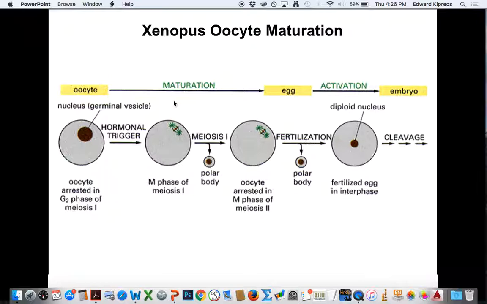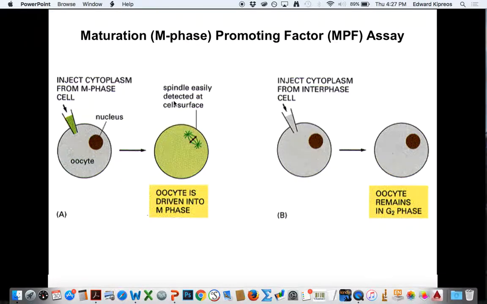All right. So that was a sideshow. What we're going to focus on now is maturation, where they go from interphase to this first arrested meiosis 2. Okay, so let's say you take this cell that's arrested in meiosis 2. It's mature, okay? And it's waiting for the sperm to come in. You take some of the cytoplasm and you put it into an immature oocyte, it will mature, okay?